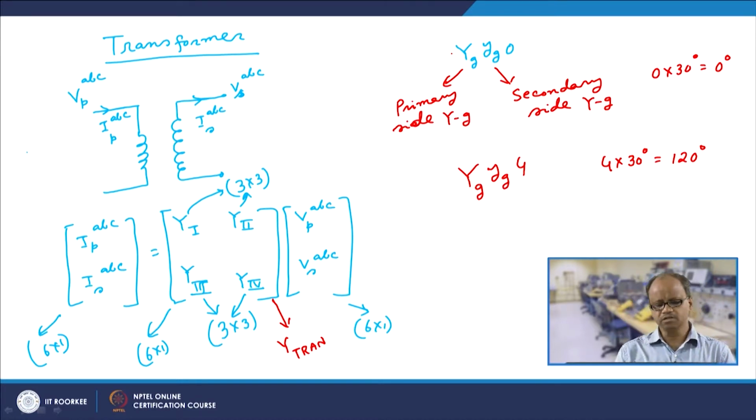That is the objective of this lecture as well as the next couple of lectures. So, let us start with the simplest possible connection, that is YG 0, and then we will try to see other types of connections if our time permits. So, we are now trying to consider how to develop the transformer admittance matrix for a given transformer connection. To start with, we are taking YG yg 0. So, this is the transformer.